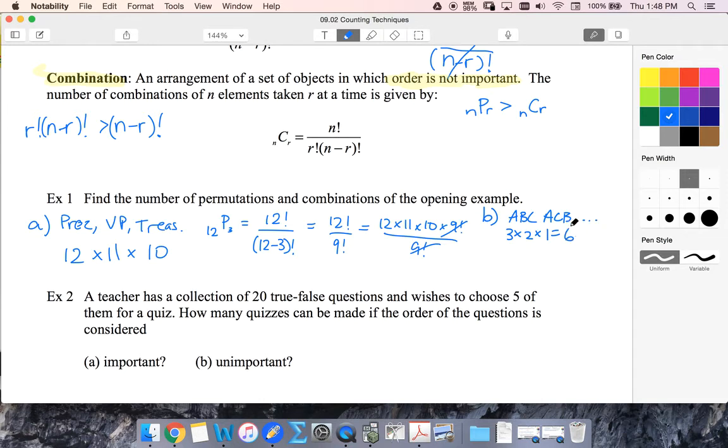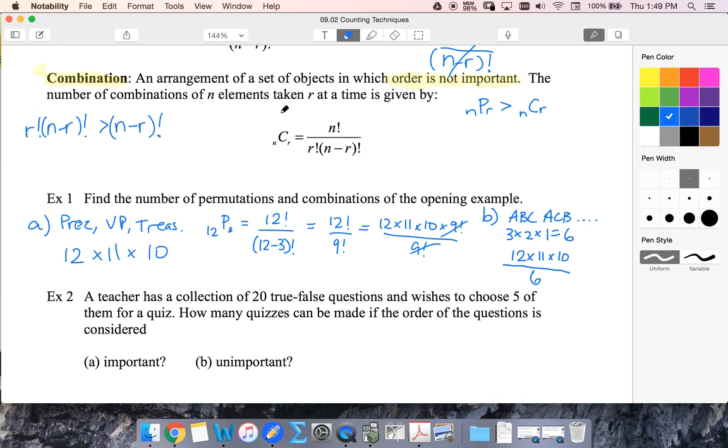So we've got 6 different ways that 3 people can be arranged. Well, 12 times 11 times 10 is the total number of 3-person selections I would have, but now I have to divide by this 6 because the order doesn't matter. If I don't divide by 6, then each of my combinations is showing up in sets of 6. So ABC is the same as ACB for my 3-person council.